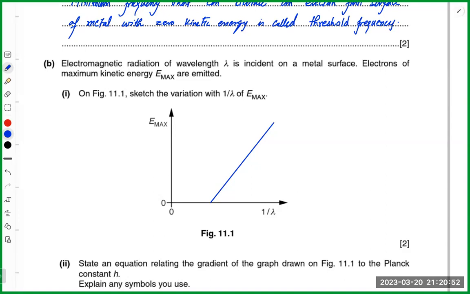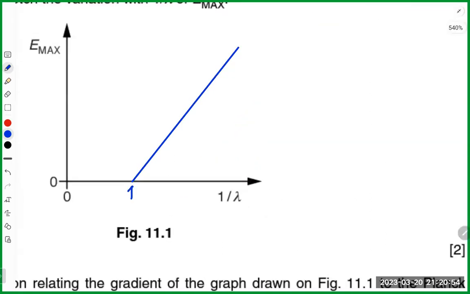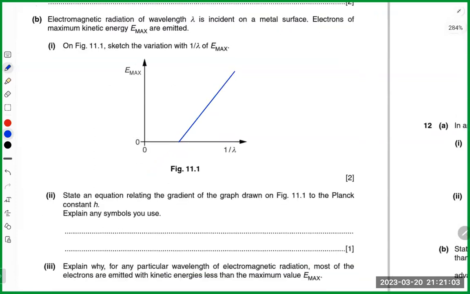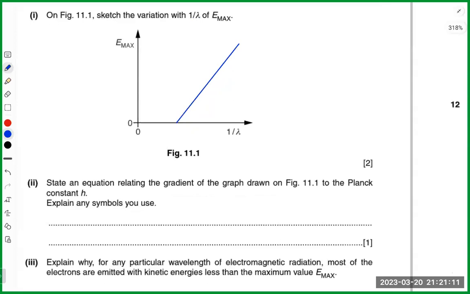This will be the threshold, 1 over threshold wavelength. State an equation relating the gradient. Sir, energy and wavelength is inversely proportional, right?